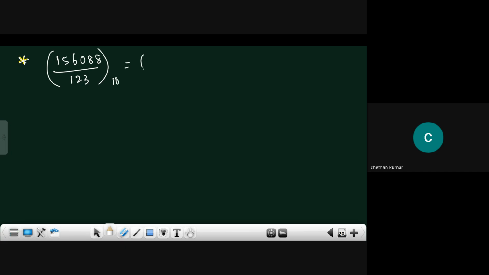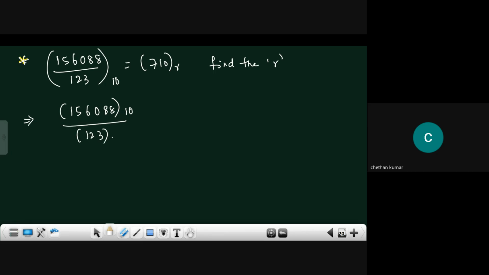This is equal to 710 base r. Find the r, the base you need to find out. So this equation you can write like this: 156088 with the base of 10, divided by 123 with the base of 10, is equal to 710 with the base of r.